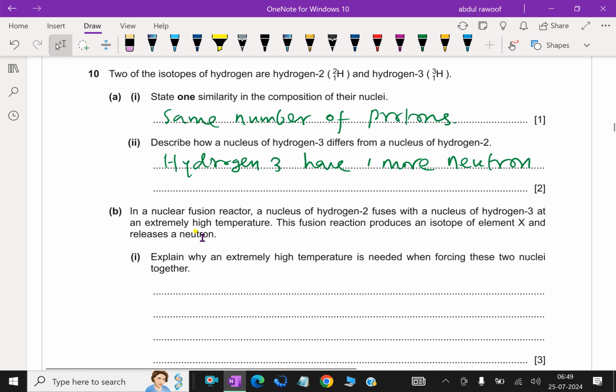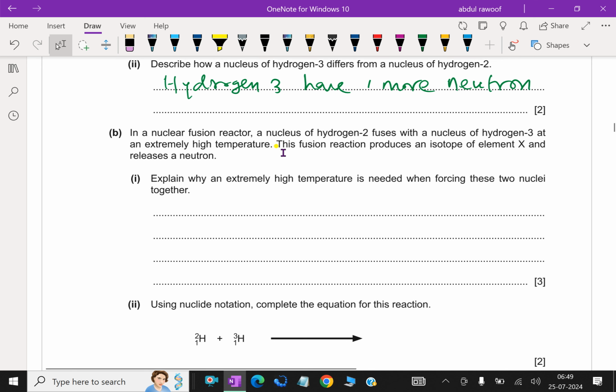Then in a nuclear fusion reactor, a nucleus of hydrogen-2 fuses with a nucleus of hydrogen-3 at an extremely high temperature. This fusion reaction produces an isotope of element X and releases a neutron. Explain why an extremely high temperature is needed when forcing these two nuclei together.